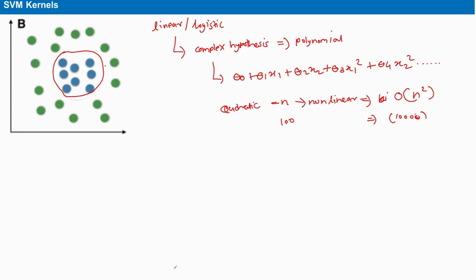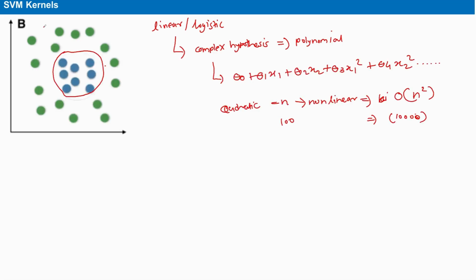So how does SVM handle this kind of thing and overcome these issues? Let's see. Inside the SVM, instead of making the hypothesis based on polynomial terms, it will create the hypothesis with similarity features.